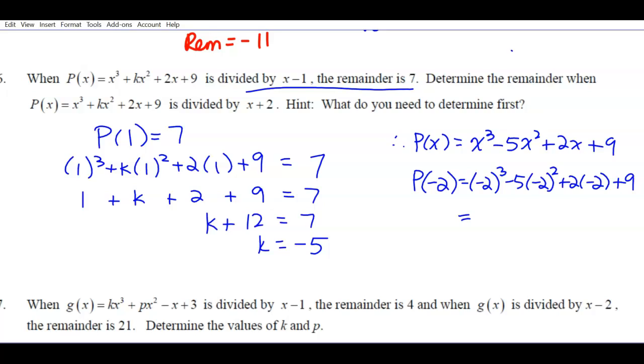And evaluate that. So that's the remainder.